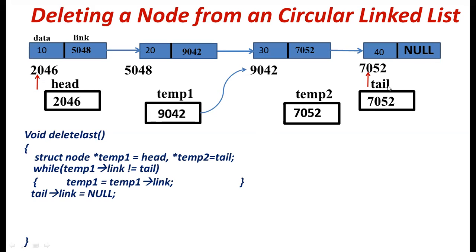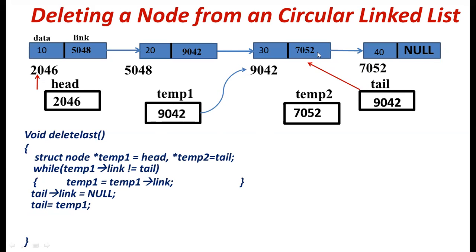Now I am bringing the tail to this location, that is tail is equal to temp1. When my tail is equal to temp1, it will start pointing to this location. Previously it was here. When I write tail is equal to temp1, the temp1 value is 9042, so the tail will be pointing to this location.